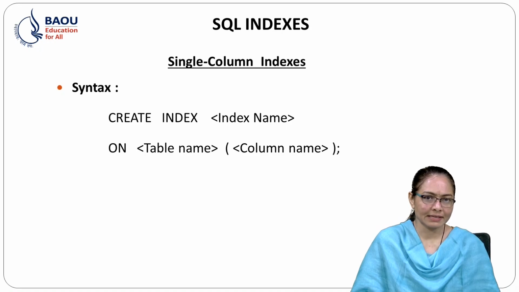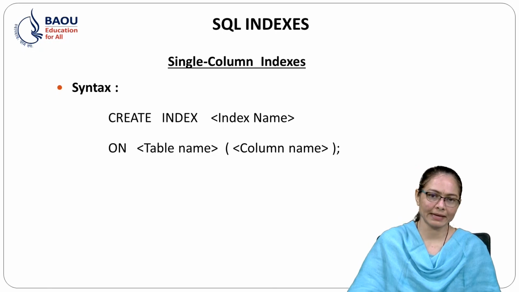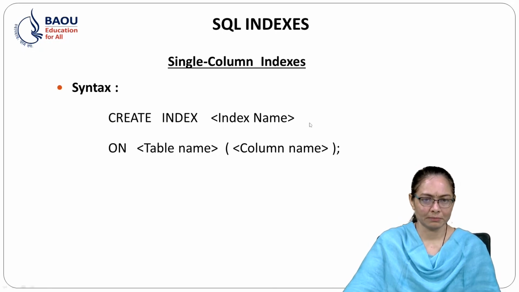The syntax is: create index, index name, on table name, in the brackets column name. If you want to learn SQL, then you need to learn this syntax. Create index index name on table name, in the brackets column name, and then a semicolon.